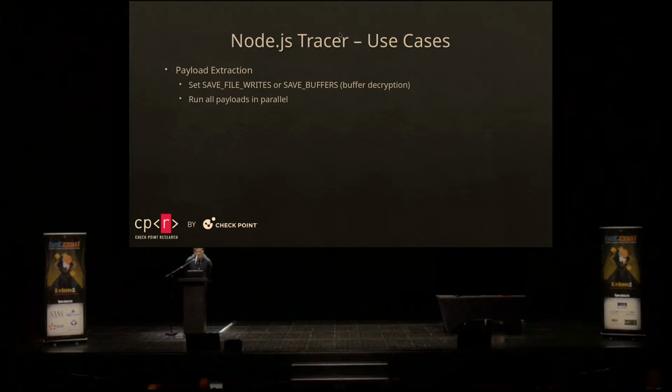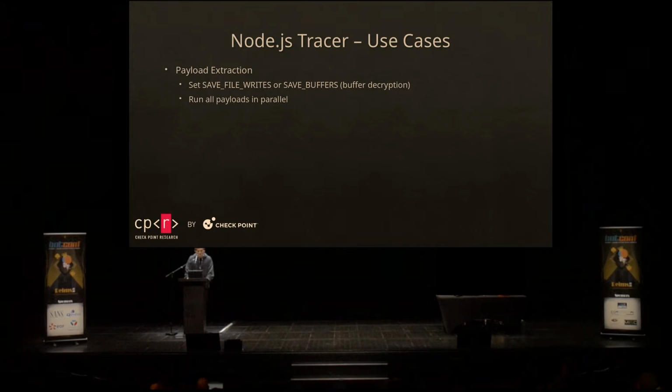Yeah, one last use case which I don't have a video for, but I think it was really useful in the case of this malware. I used the tracer also for essentially payload extraction. So I just set the save file writes option to true, which means that every time a file is written to disk, it's also written to another directory, so I can collect it there.